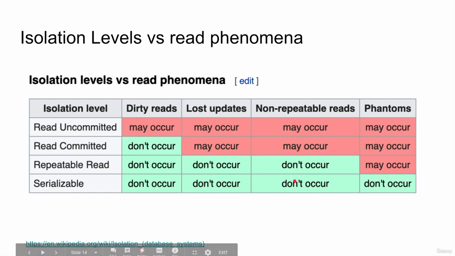All of your reads are repeatable because you're reading the same version of the database from the start of the transaction, or the database will force you to place a lock and then will only read the stuff at the beginning. Okay, so that's essentially a repeatable read. But phantoms can still occur as a result because you cannot control new rows. You can only control rows that you can lock, right?